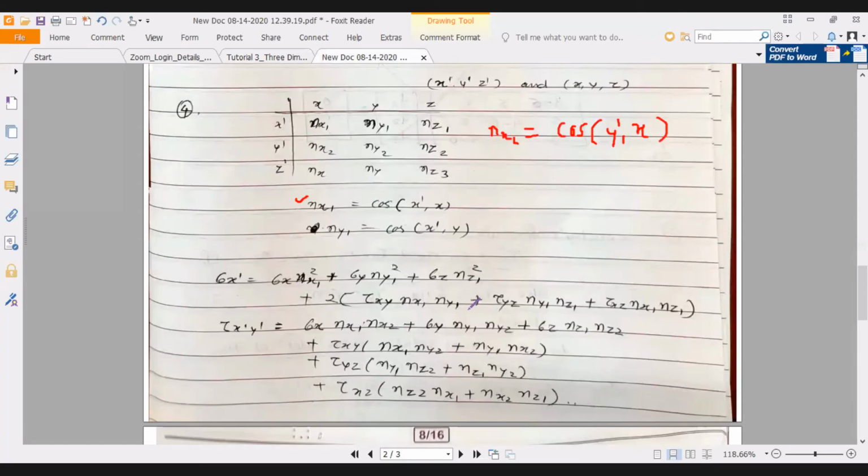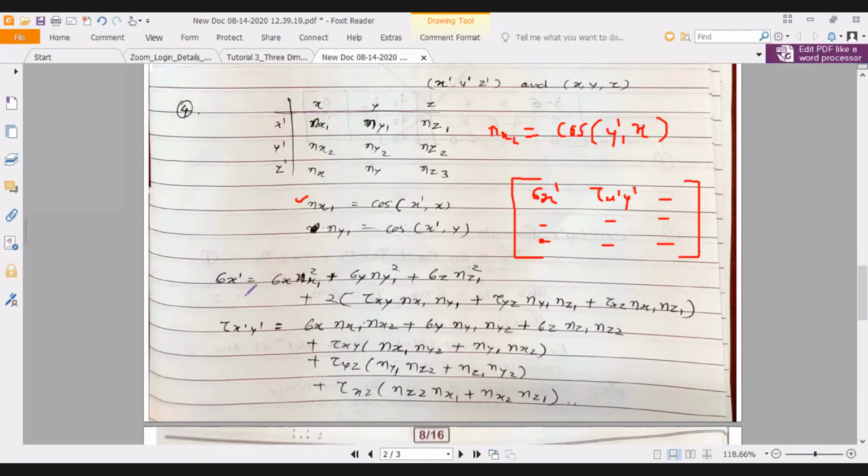In this relation, here I have written for only two components, that is sigma x dash and tau x dash y dash. The remaining you need to write and compute by yourself.